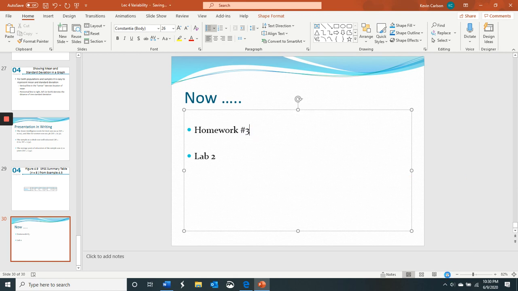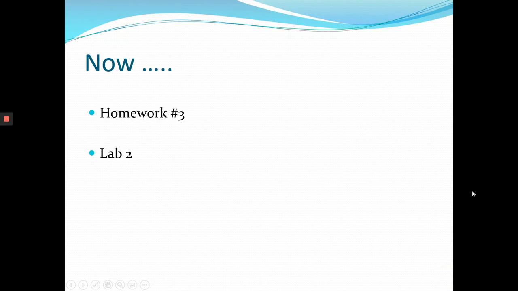So homework 3 will be on Canvas soon. Homework 3 will have you do central tendency and variability. And lab number 2 will also have you do central tendency and variability. I will make a video about the lab and explain SPSS more in that video.